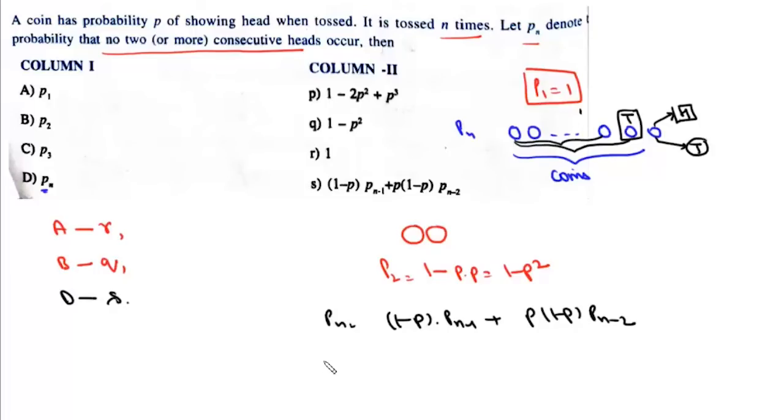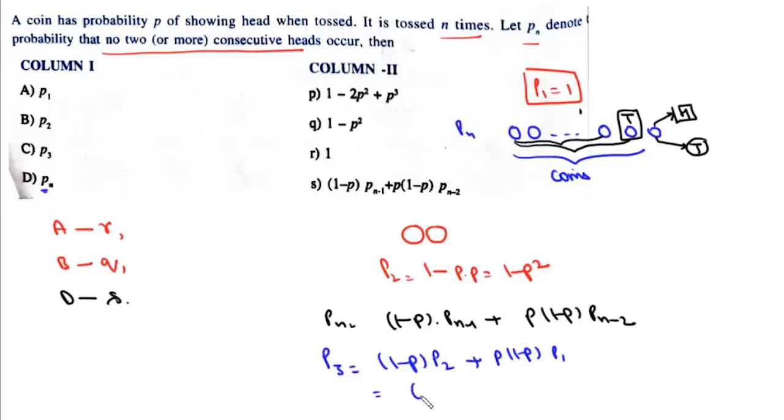Now once you have this general formula, we can write P3. Now P3 is going to be 1 minus P into P2 plus P into 1 minus P into P1. Now P1 is 1 and P2 is 1 minus P square.